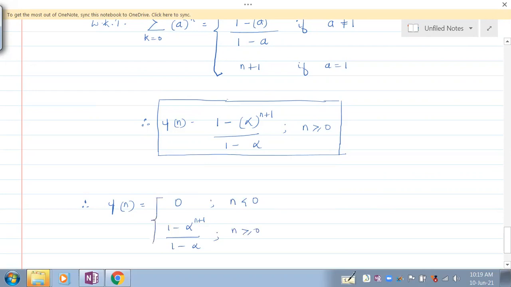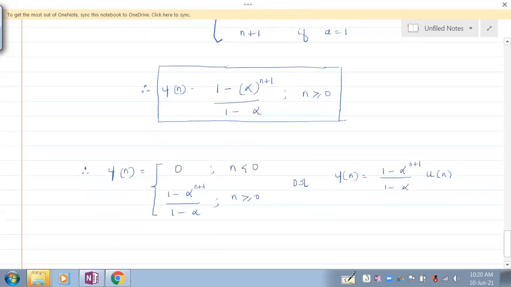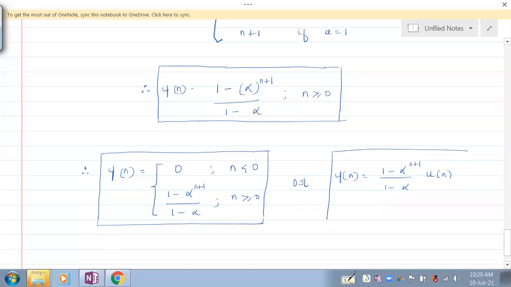This is one way of writing it, or we can write it in terms of u of n: 1 minus alpha to the power n plus 1 divided by 1 minus alpha, into u of n. This is how we conclude the summary, summarizing the output: when it is zero, when it is non-zero, when it is overlapping, when it is not overlapping.